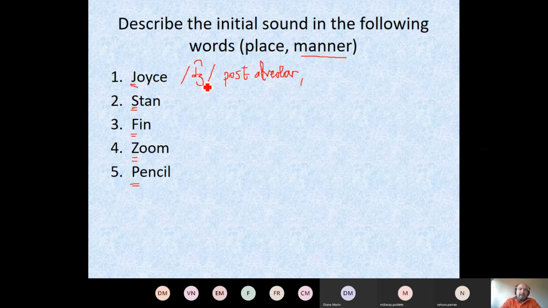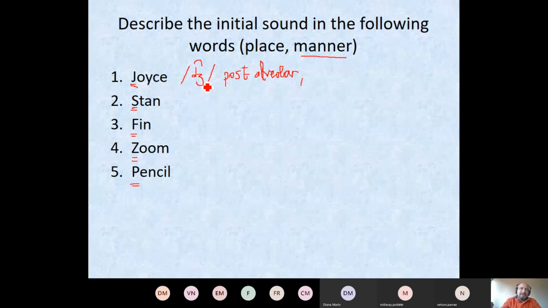But when you say p, you cannot say p for a long time, right? Because you have blocked the air, you let it go, and that's the sound. You're producing several p's. It's not the same sound, right?